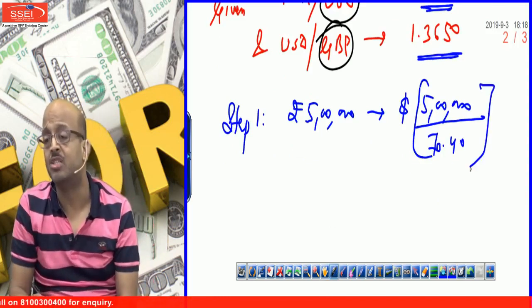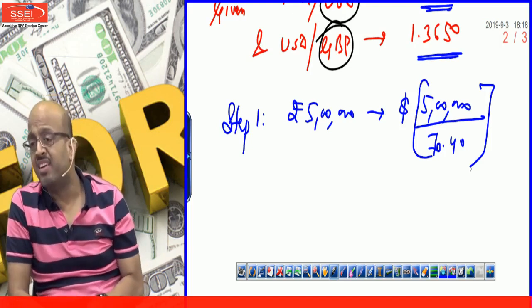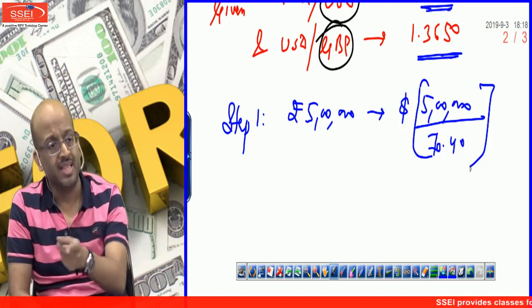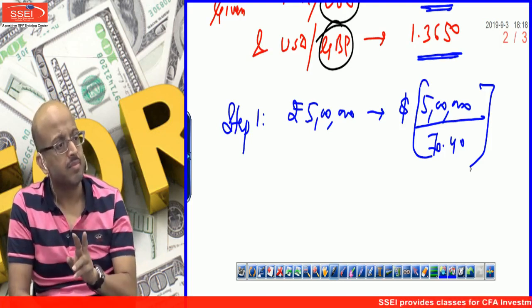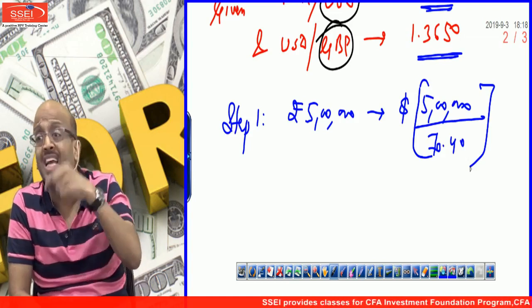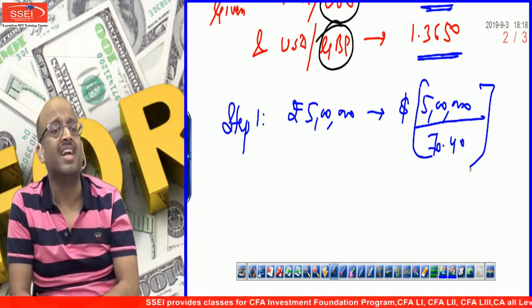Okay, now just one second. One more piece of advice to you. Whenever there are sequential calculations in a very simple sum, this is a very simple sum, one that cannot come in the exam, do not calculate at every stage.